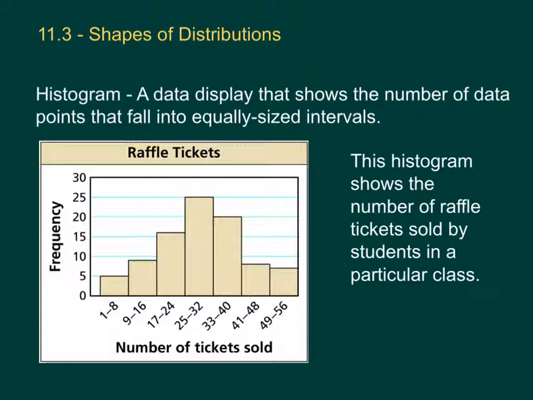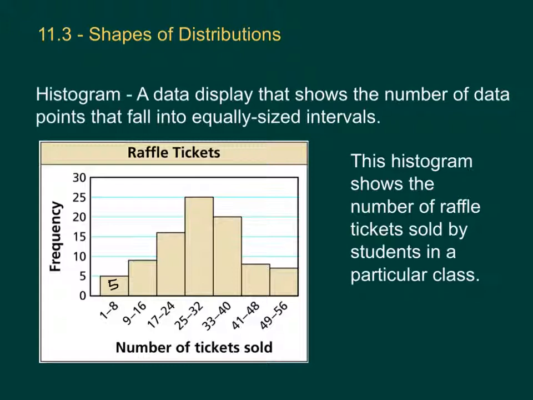What this means is that there were 5 students who sold between 1 and 8 raffle tickets. So we don't know if all 5 sold 8, or if 3 of them sold 4 and the other 2 sold 7. We don't know, but we do know that there were 5 in that range.